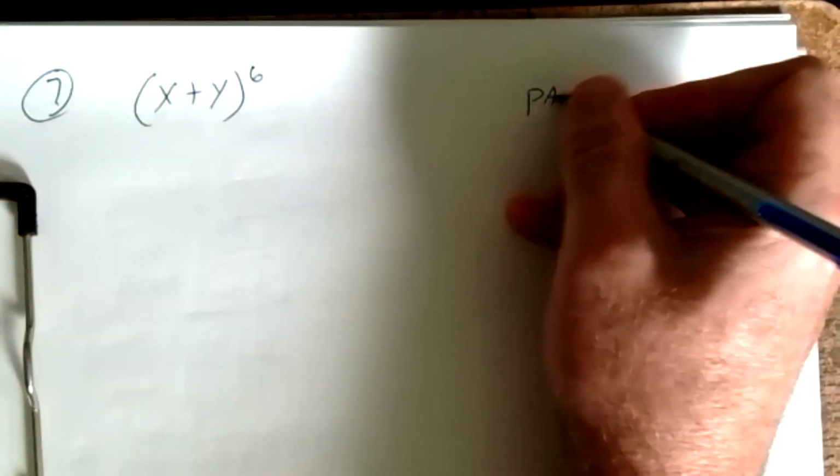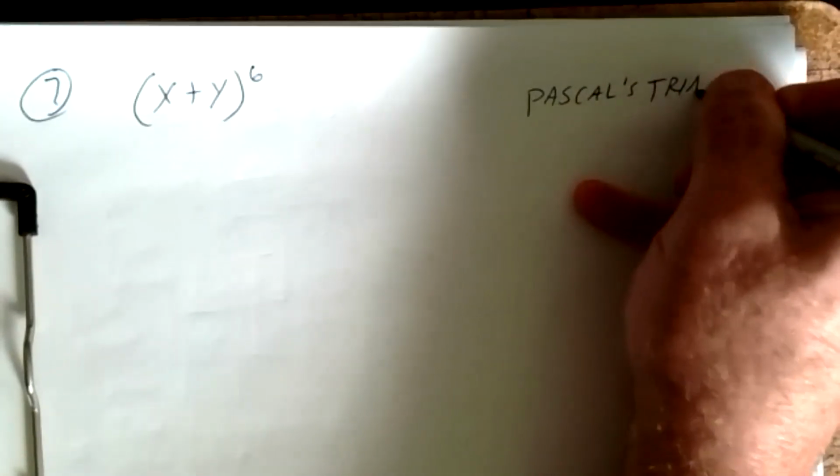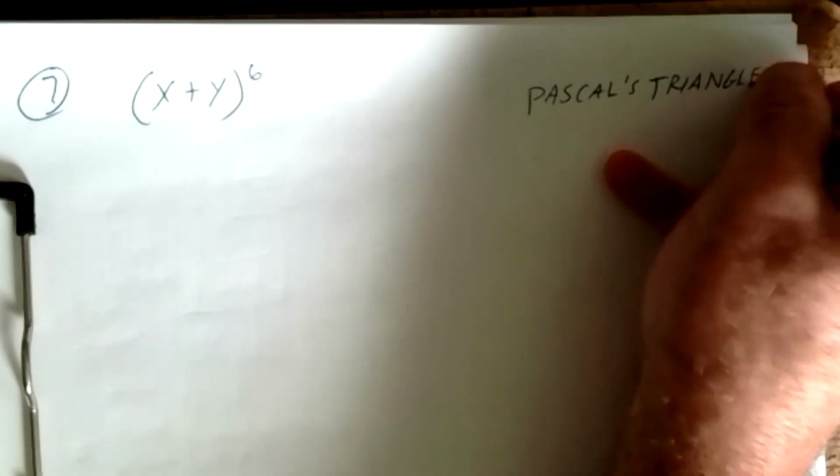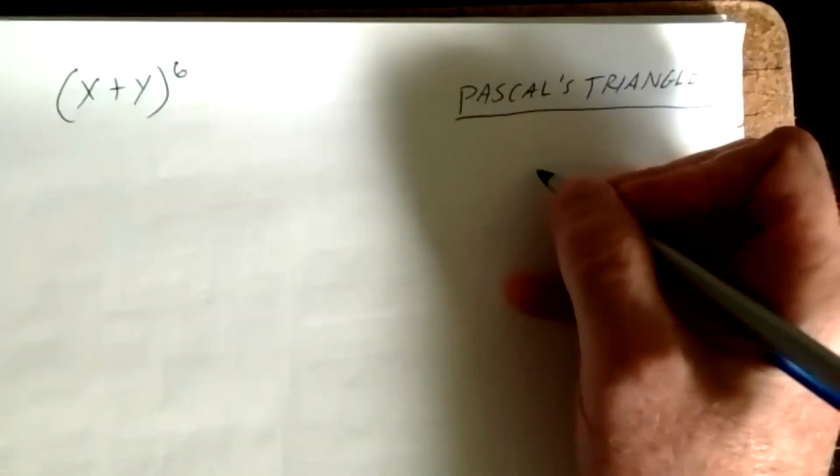what we can do is, I don't know if you've ever heard of this before, but it's called Pascal's triangle. Pascal's triangle provides us with coefficients of raising a binomial to a power. This is Pascal's triangle.